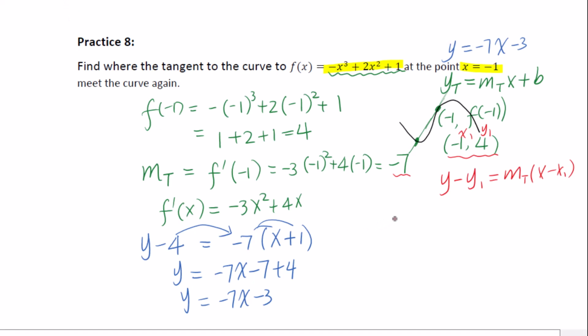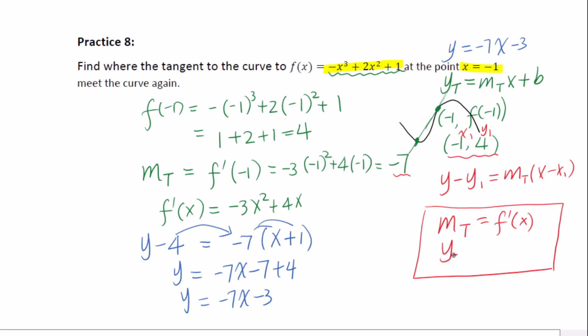Remember the properties of a tangent line and a curve. First of all, we know the slope of the tangent line equals f prime of x. The other one, since the tangent line and the curve meet together, we can write down y sub t equals f of x.